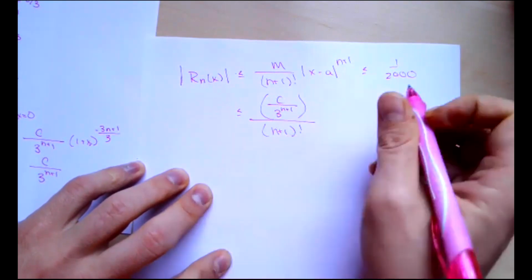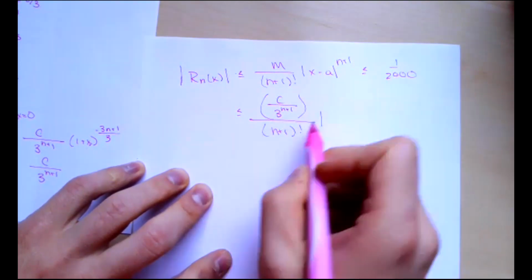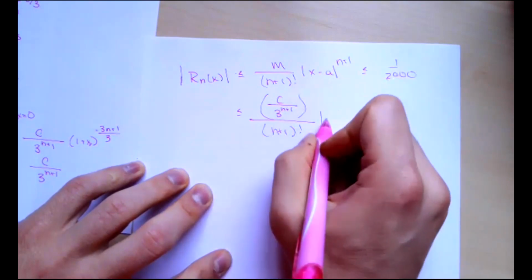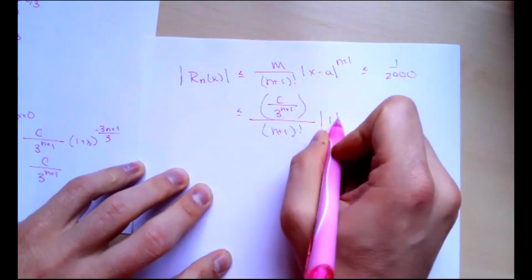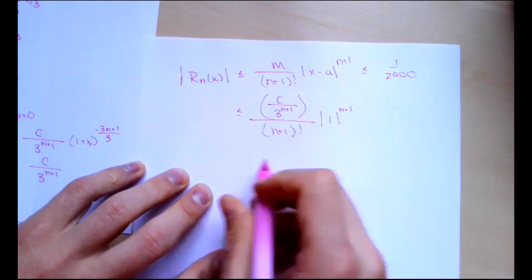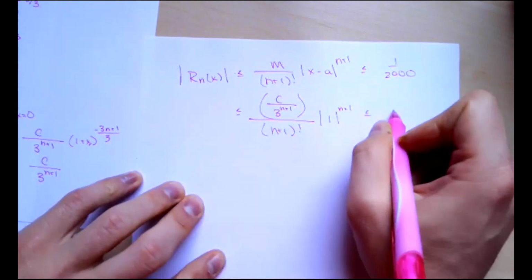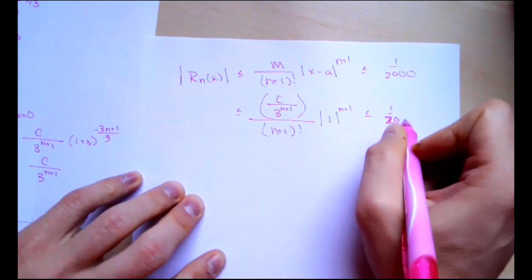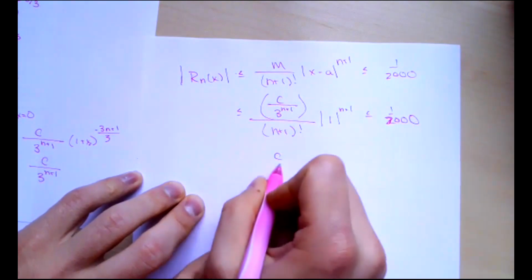This one can be a little tricky, primarily because of that factorial. X minus a was just 1 minus 0, so it'll just give us a 1. And what do we have? We'll have an equation that looks like this.